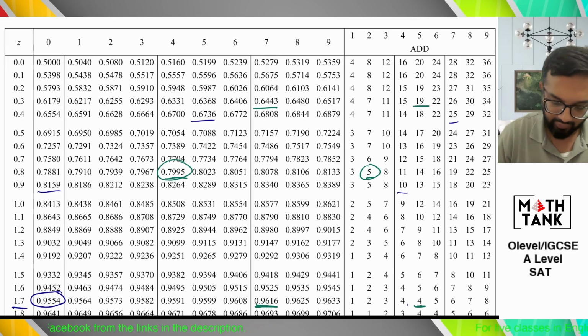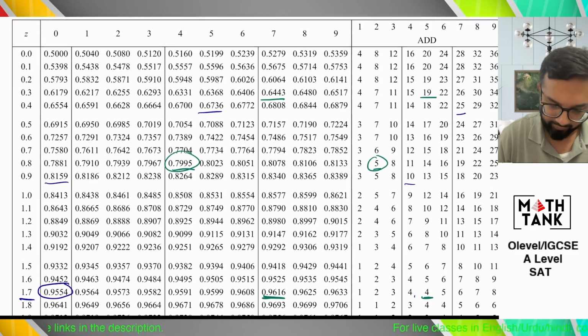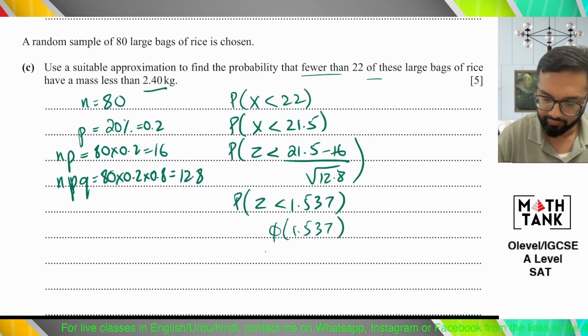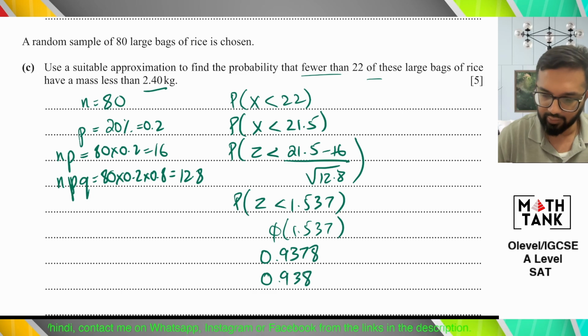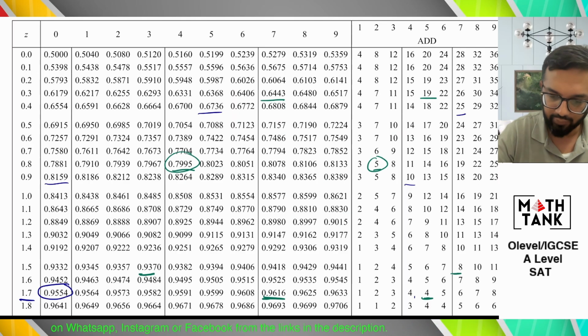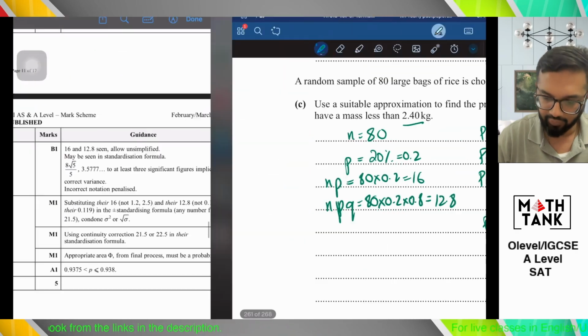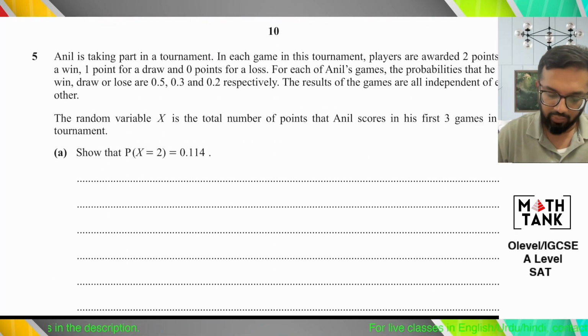Calculate that. 0.9378. That's going to be 0.938 as the final answer because I have to round off to 3 significant figures. That's correct.